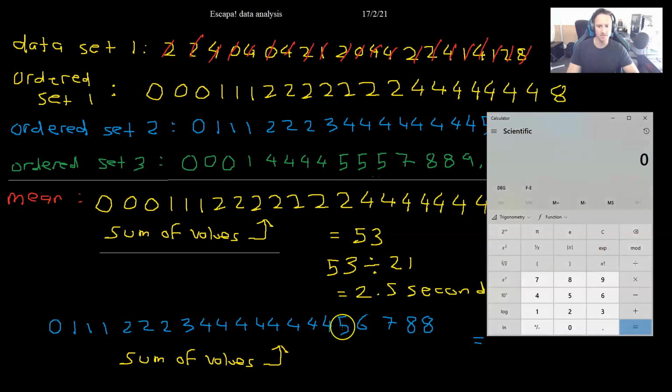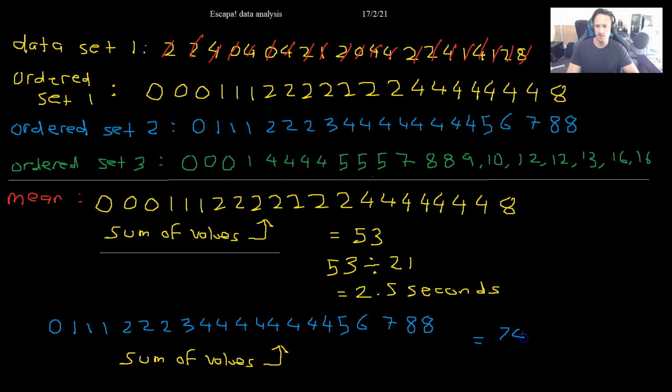So I'm going to be adding all these numbers now. So 3 ones and 3 twos, 1 3, 7 fours, 1 5, 1 6, 1 7, and 2 8s. So that's 74.